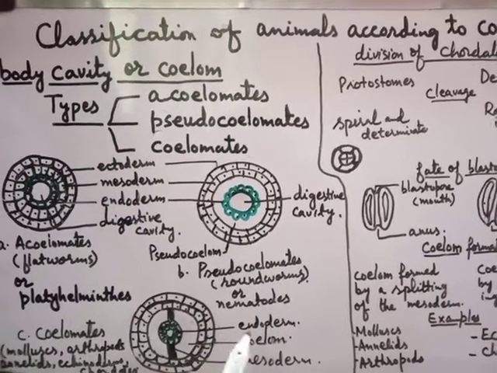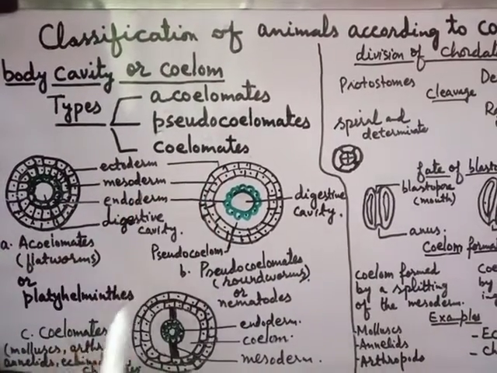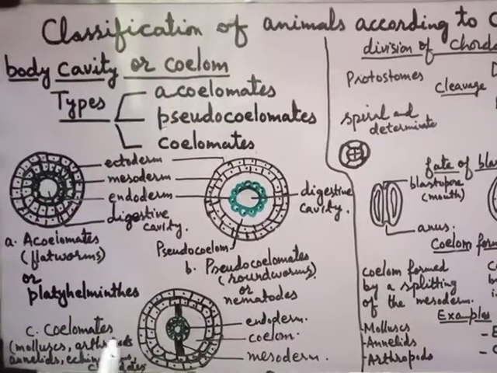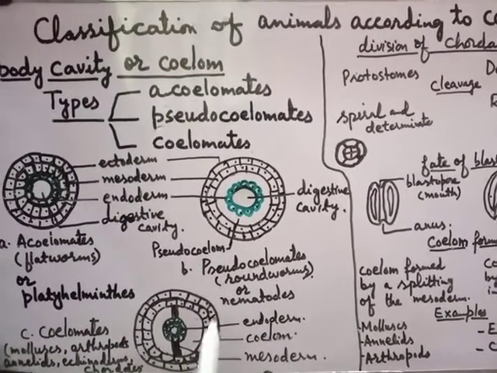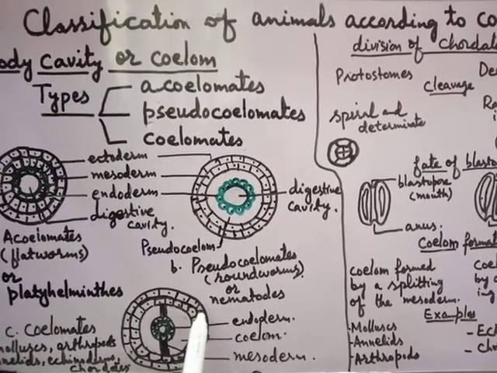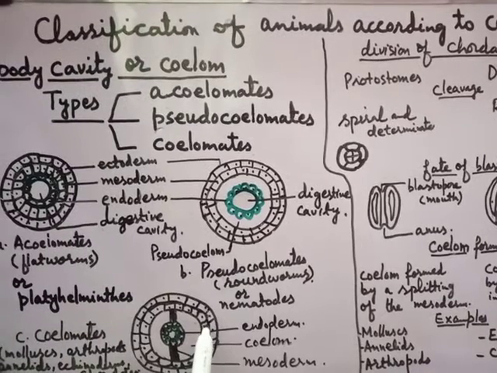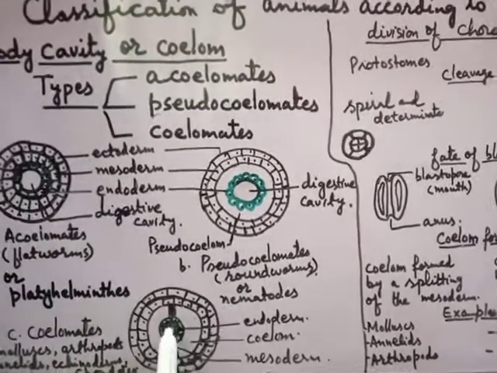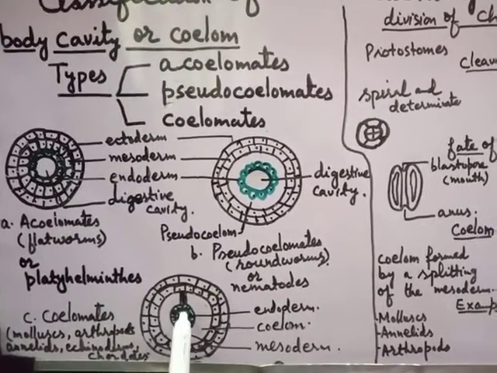Next, the third kind of organisms according to the coelom are called what? Coelomates. Now you can see this is the outermost layer ectoderm, this one is mesoderm, and this innermost is called what? Endoderm.